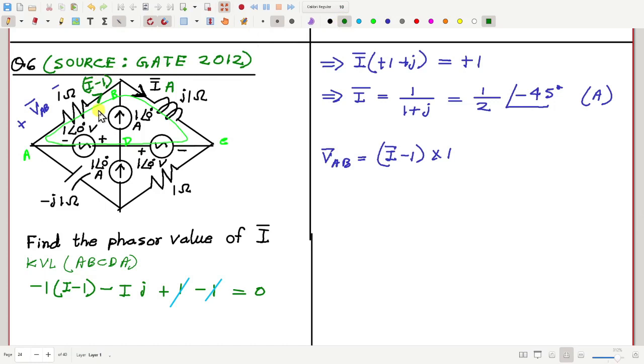In that also, VAD, I can take plus 1 angle 0 degrees, same way that we do in DC. Yeah. So if I write VAD like this, say left side plus, right side minus, then VAD will be equal to, I'm taking left side plus and right side minus, however the source is in the opposite direction, so I have to write it minus of the source value, minus 1 angle 0 degree, likewise. Got it, sir. Okay.